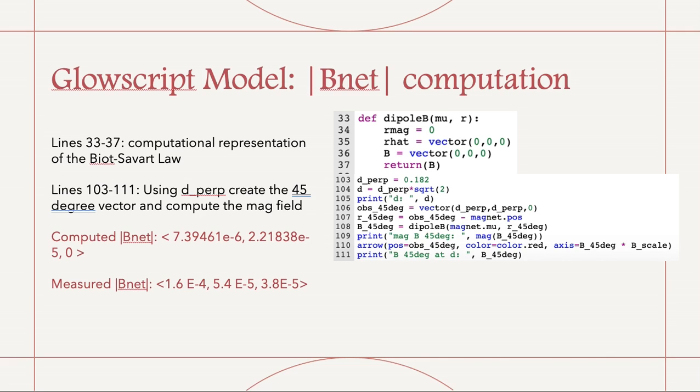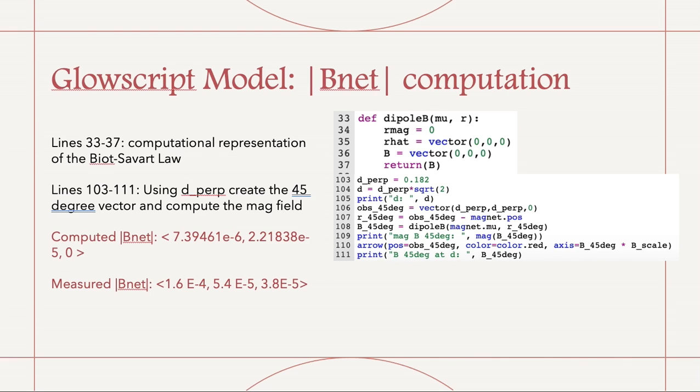For the second part of the GlowScript code, we calculate the magnitude of the net magnetic field. Lines 33 through 37 are defining a method that calculates the magnetic field using the Biot-Savart law. Lines 103 to 111 use d perpendicular to create the 45-degree vector that was plotted in the last line of the last slide and calculates the computed magnetic field.